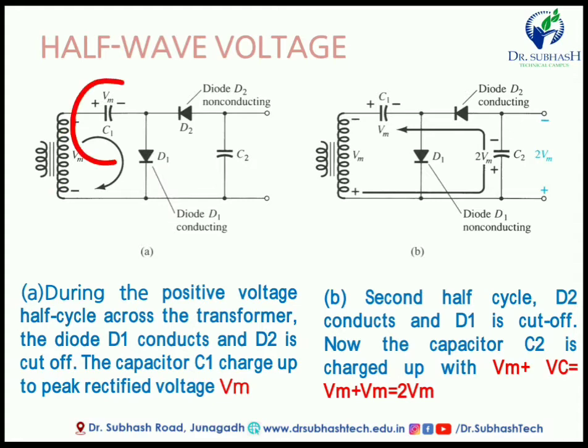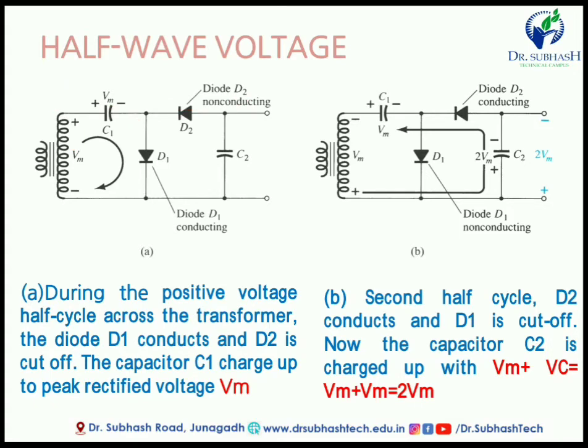So Vm volt is charged in this capacitor. Whenever this capacitor becomes fully charged, then it becomes an open circuit. There is no current through this capacitor because it is fully charged, and the polarity is like this. This one is positive and this terminal becomes negative.